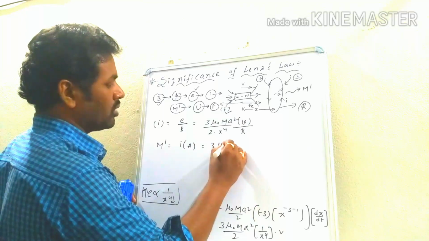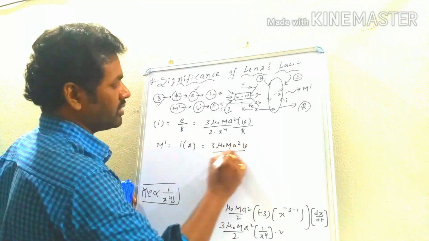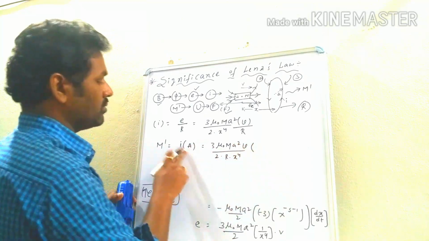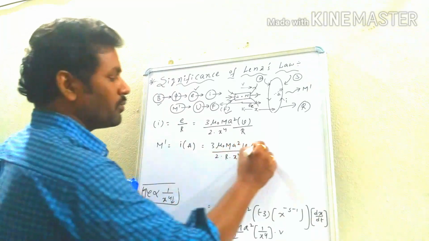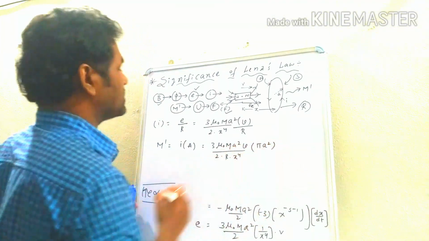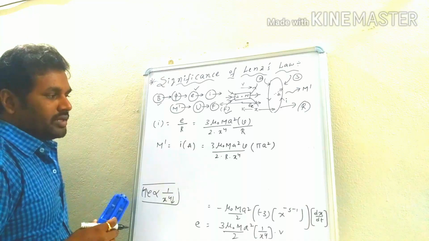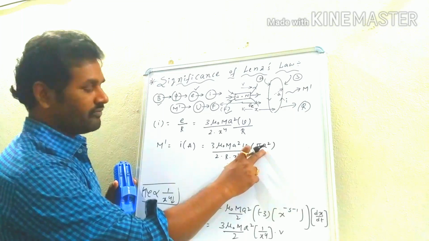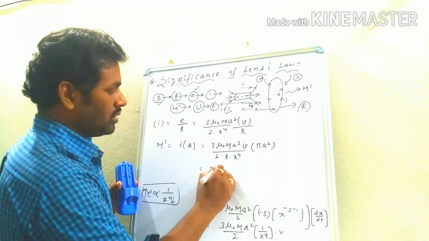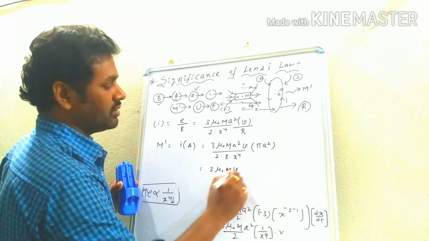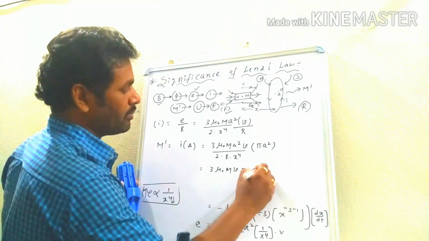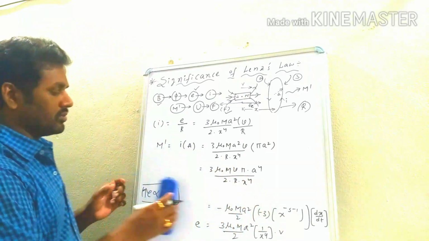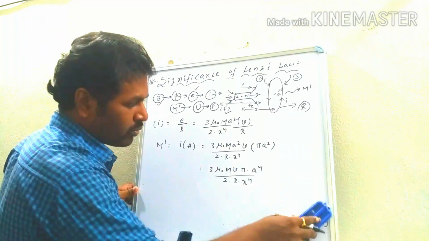So 3 mu naught M A square V divided by 2 into capital R into x power 4 into, what is A? Already used. So pi into A square. You see here, A square into A square comes as A to the power of 4. So 3 mu naught M V into pi into a power 4 divided by 2 into x to the power of 4. So we got the magnetic moment of the coil.